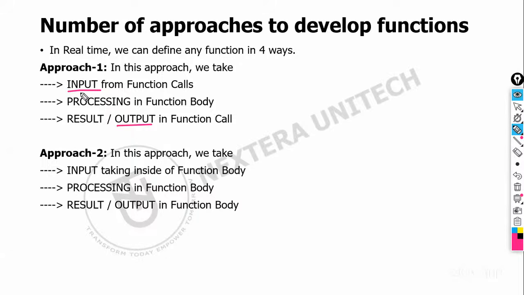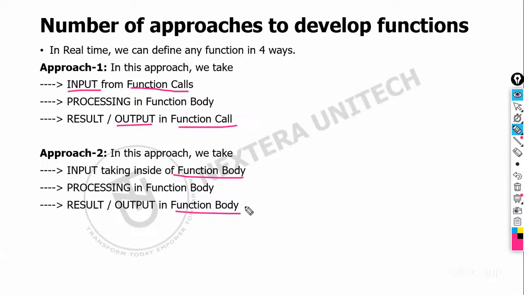In approach 1, the input and output will be from the function call. But in approach 2, the input will be from the function body and the output is also from the function body.